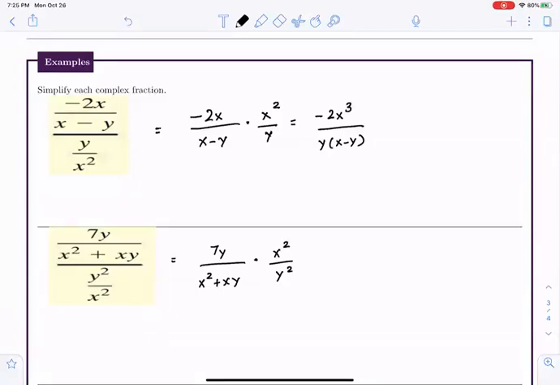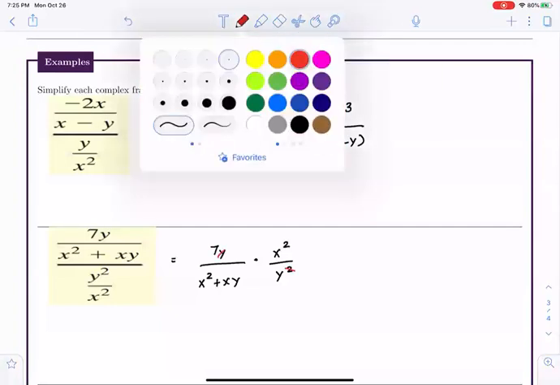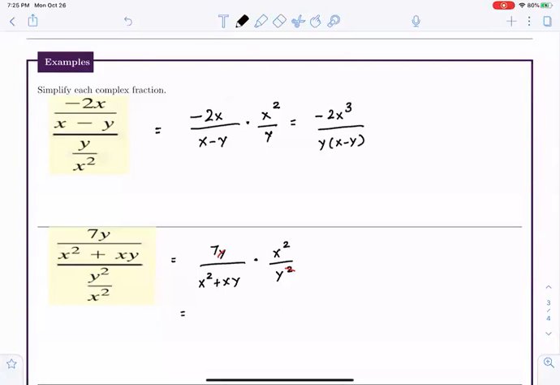The easy one that we can spot right away is the y. But there is also an x that we can get rid of. In the denominator, the x squared plus xy multiplied by x squared. The x and x squared would get cancelled, so we would have 7x over y times x plus y.